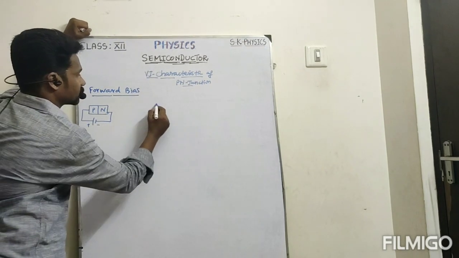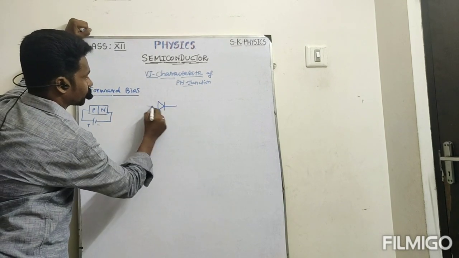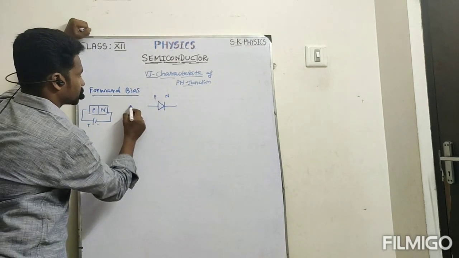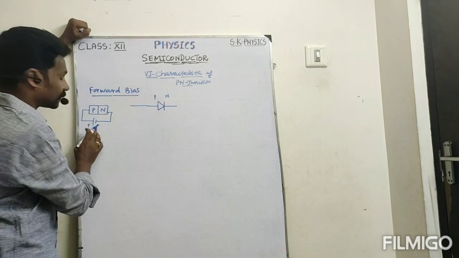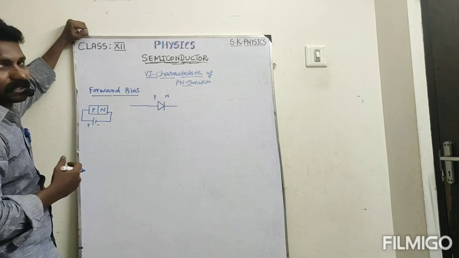So let's take the diode, with the P region and the N region. Now this diode is connected with the battery. We can't directly connect the battery because we want to vary the voltage.